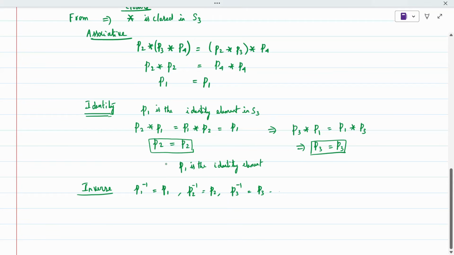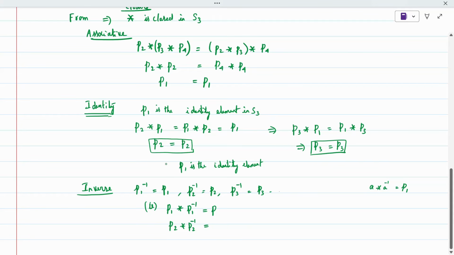Now I will multiply and check whether A star A inverse is nothing but the identity element. We already know that it is P1. So when I multiply P1 star P1 inverse, what am I getting? I have to check. It's the same P1, and same way P2 star P2 inverse.